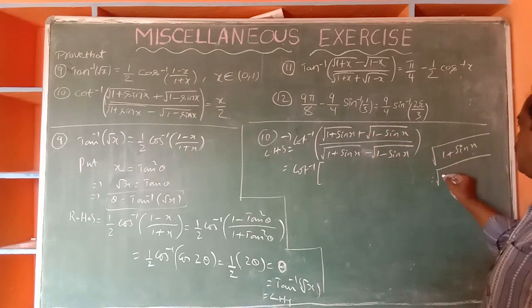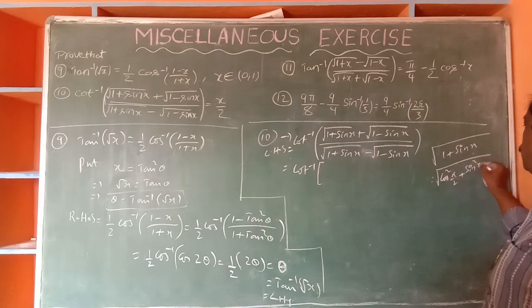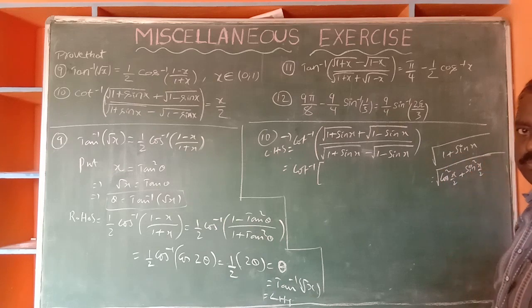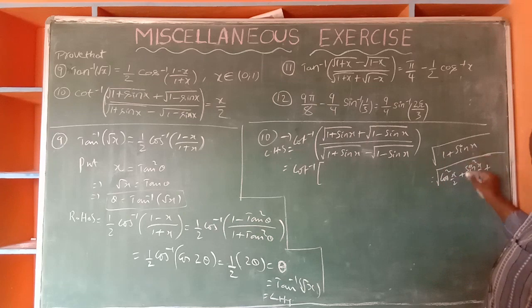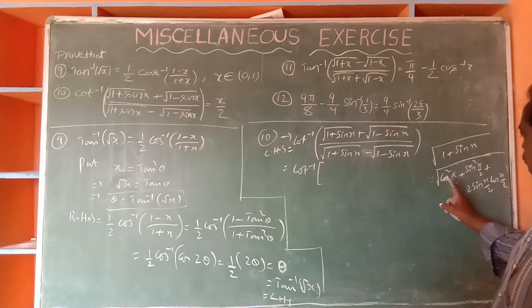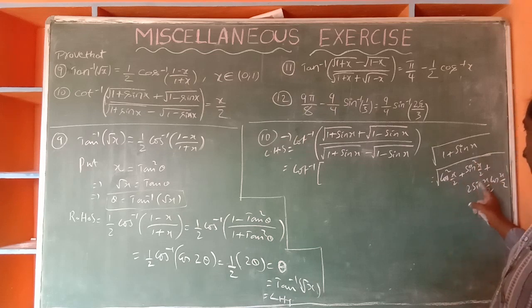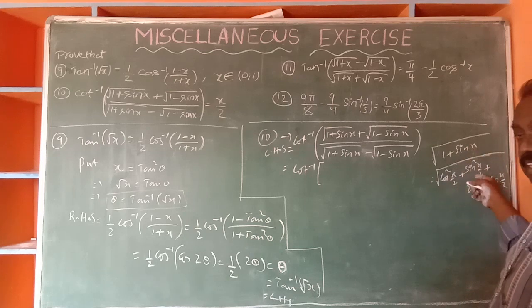The root of 1 is cos square x by 2 plus sin square x by 2. Will you agree? Now, cos square theta plus sin square theta plus sin x is 2 sin x by 2 cos x by 2, like a square plus b square plus 2ab, sin theta is 2 sin theta by 2 cos theta by 2.